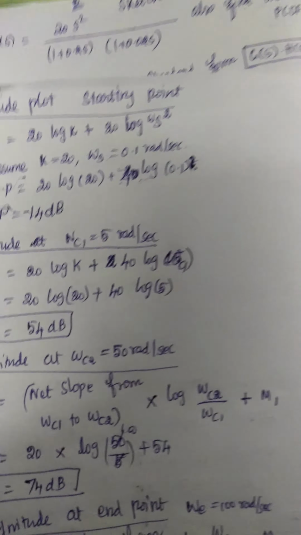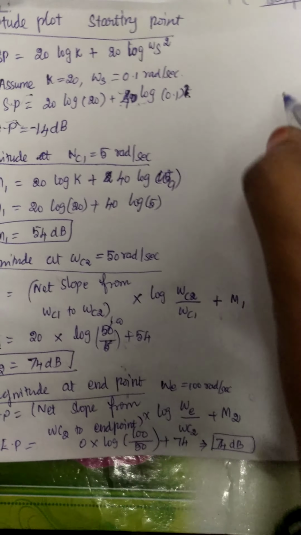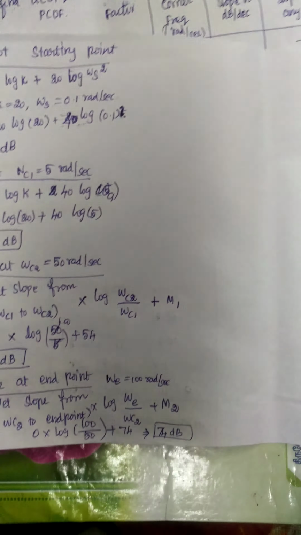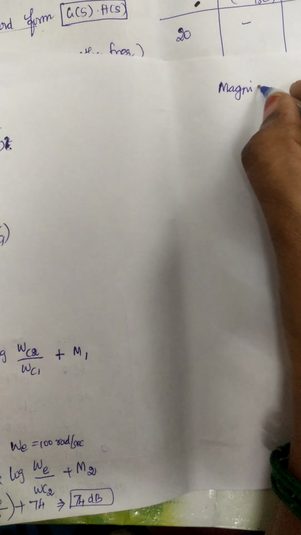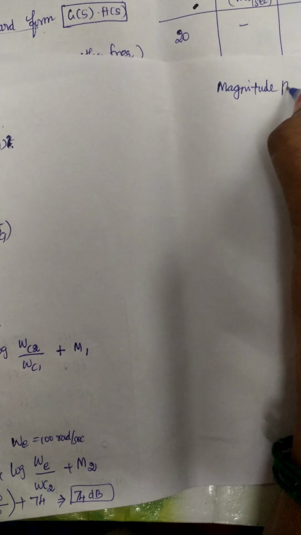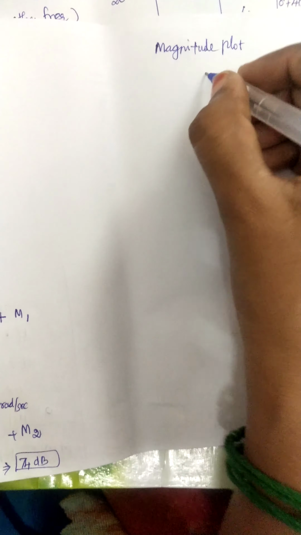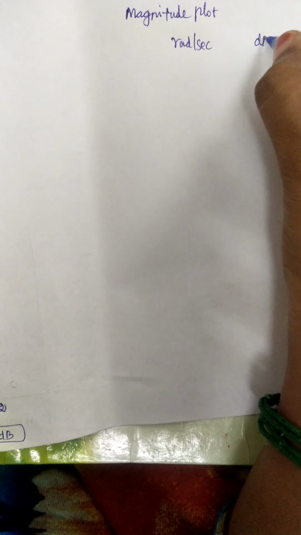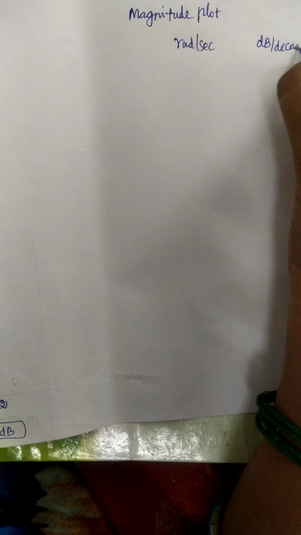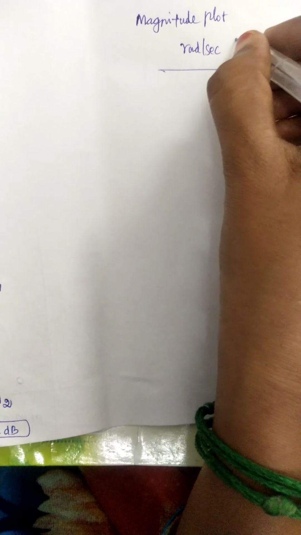Here we are calculating the magnitude plot. So what's our magnitude plot value? Here I am taking radians per second, and decibel.